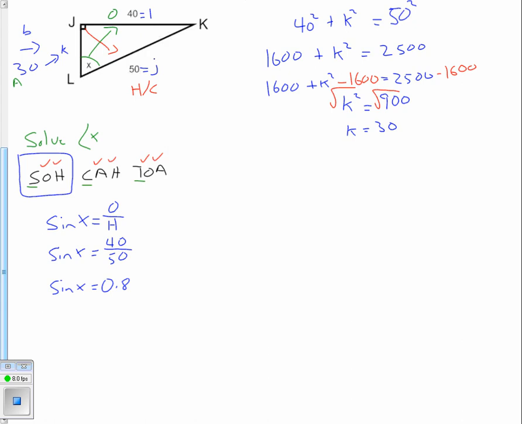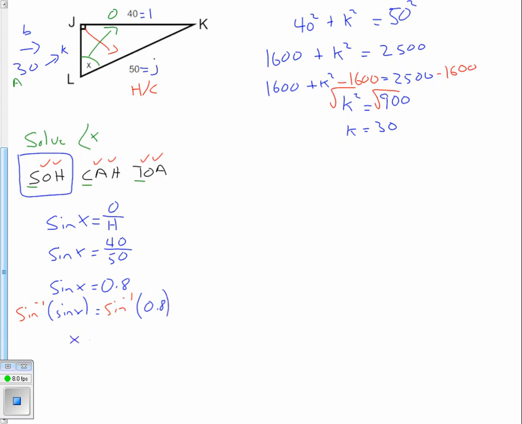And then I'm going to solve for x. I need to do my inverse sine function to both the left-hand side and the right-hand side. I'll quickly write that out so we can see it. Sine to the negative 1 of sine of x is equal to sine to the negative 1 of 0.8.